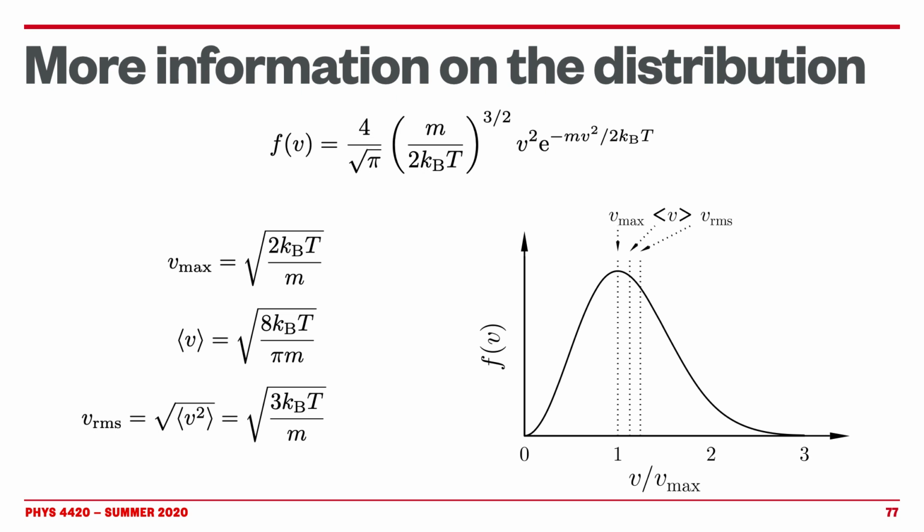You see that they only differ from each other by a factor of square root 2, square root 8 over pi, and square root 3. So you see directly that Vmax is smaller than the expectation value of V, which is itself smaller than the square root of the expectation value of V squared. Those 3 values can be plotted on the distribution, and you see that you have this asymmetric distribution. This is the Maxwell-Boltzmann distribution.